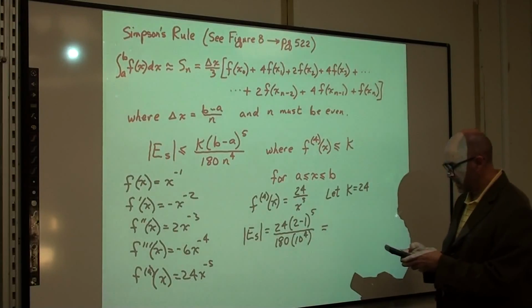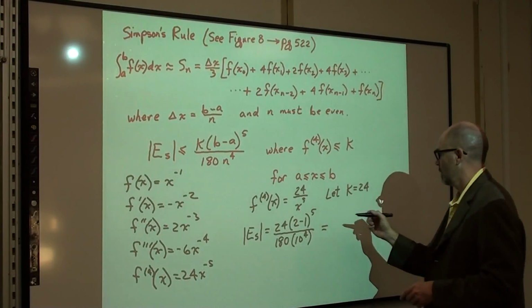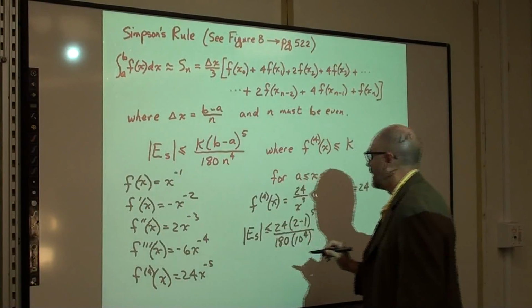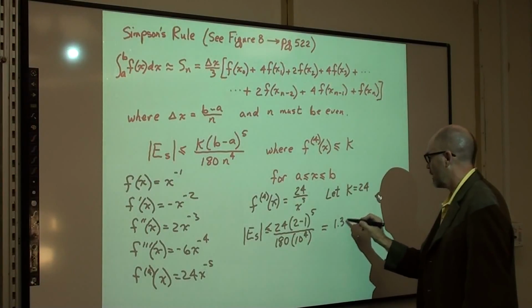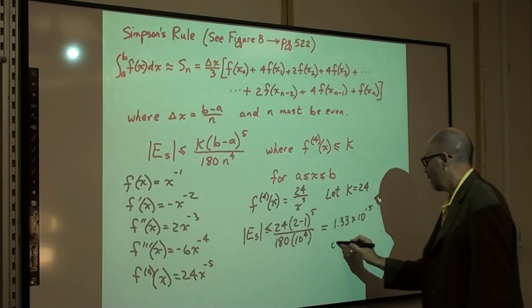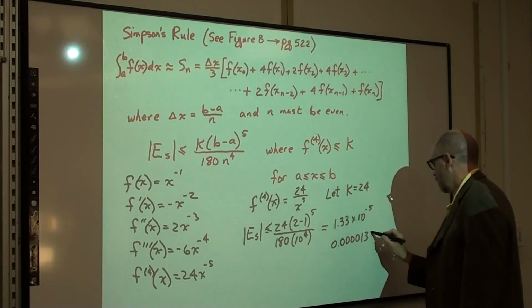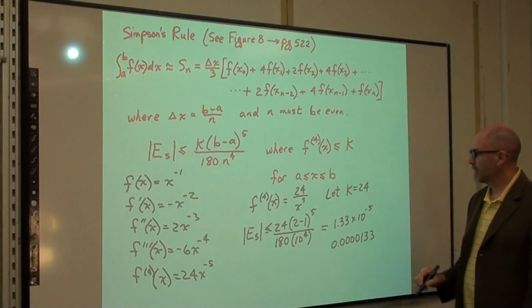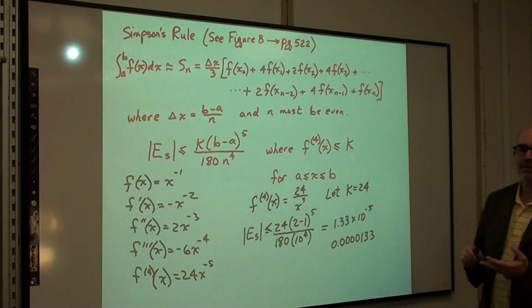Bam! 1.33 times 10 to the negative fifth. Oh, and so actually, remember, it's not equal to, it's less than or equal to. So that's going to be 1.33 times 10 to the negative fifth, or 0.0000133. So that's it. We've got the error of the midpoint, trapezoid, and Simpson.